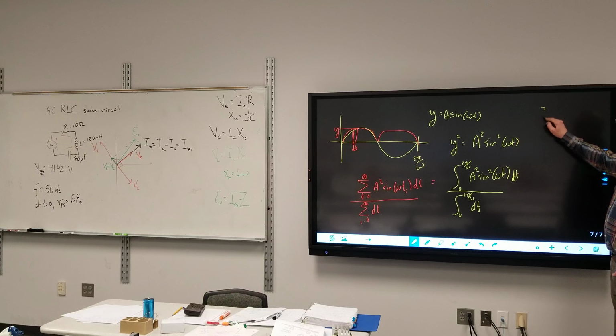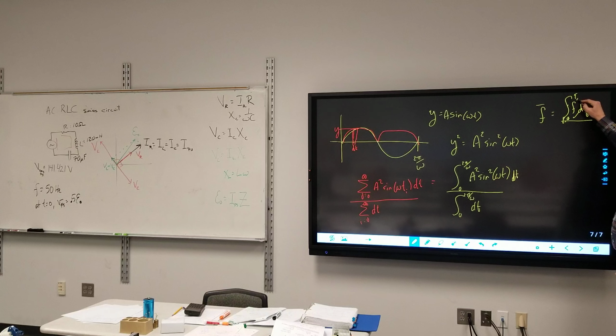Or in general, the average of any function is the integral of f dq, whatever variable you're using, from q initial to q final, divided by the integral from q initial to q final of dq. That's the generic average function.